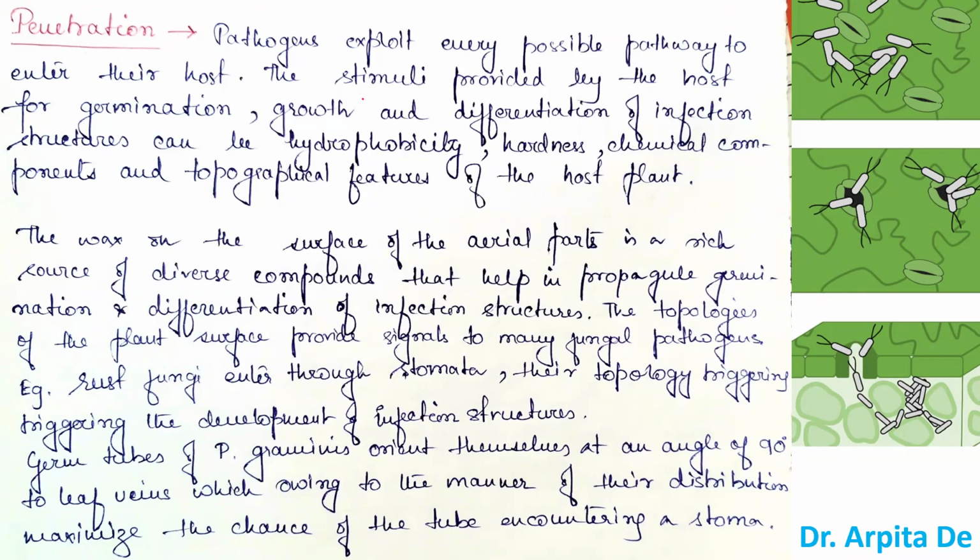So let's come to penetration. What happens here? Pathogens will exploit every possible way to enter their host. The stimuli provided by the host for germination, growth, and differentiation of infection structures can be hydrophobicity, hardness, chemical components, and topographical features of the host plant.